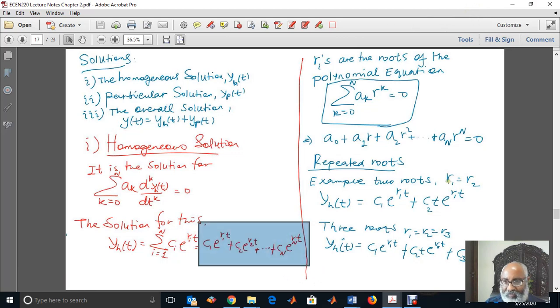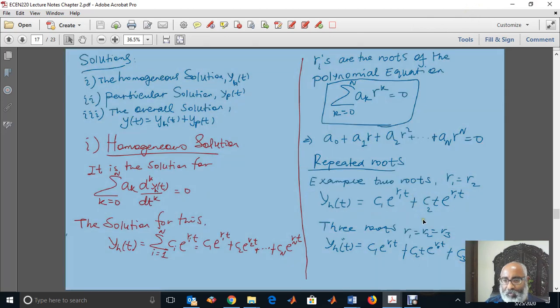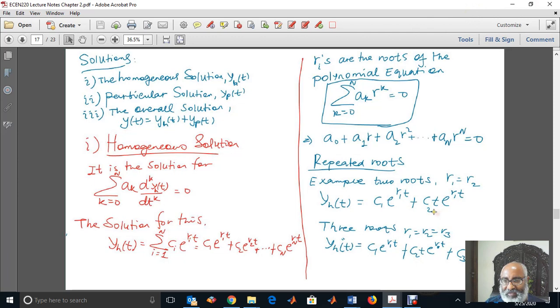For example, if I have a second order system with two roots, r1 is equal to r2, then yh of t will become c1 e to the power of r1 t plus c2 times t e to the power of r1 t. So this thing will be modified and multiplied by t, because r1 is equal to r2.